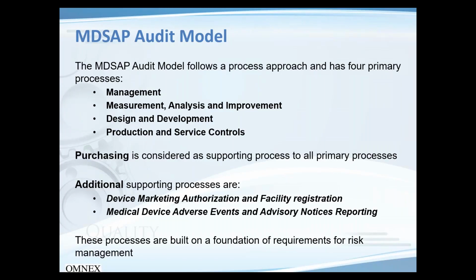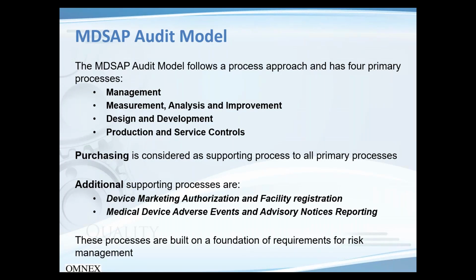Purchasing is considered a supporting process for all the primary processes, and there are also additional supporting processes. The additional supporting processes defined are device marketing authorization and facility registration, and also medical device adverse events identification and advisory notice reporting.